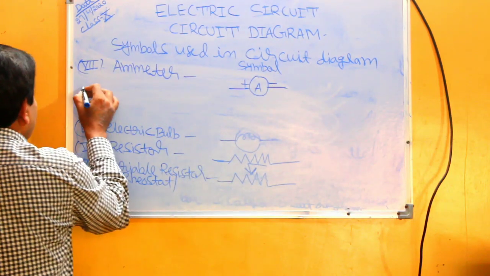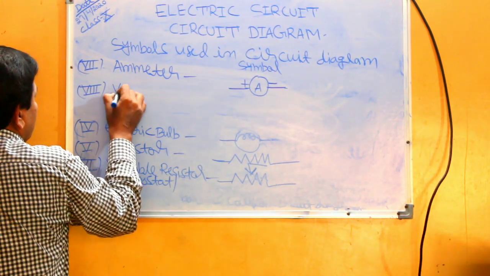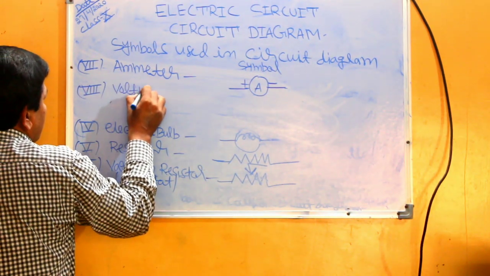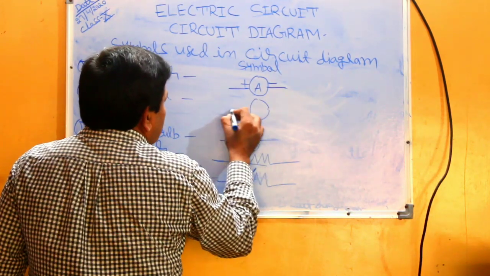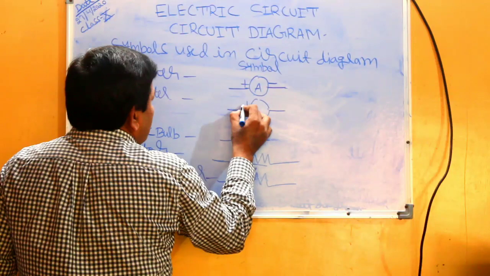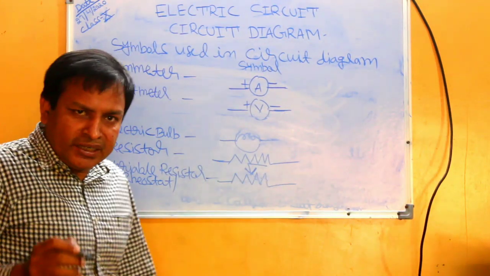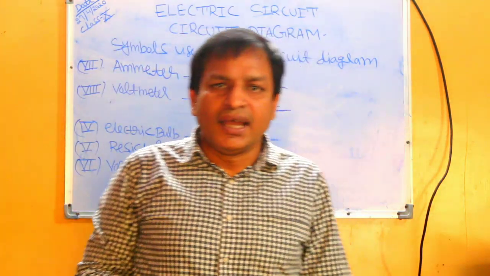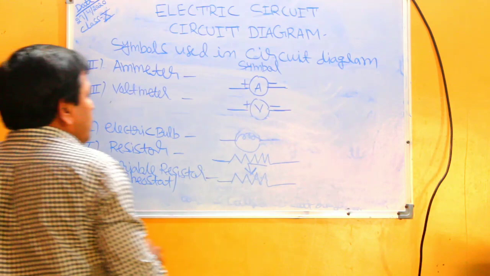Eight is voltmeter. Simple, just put plus, minus and letter V. This is voltmeter. Ammeter is always connected in series and voltmeter is always connected in parallel combination.